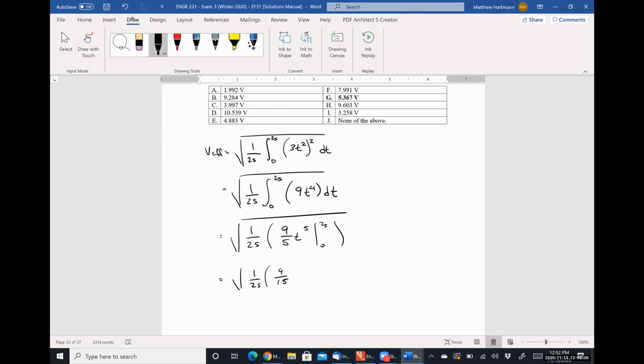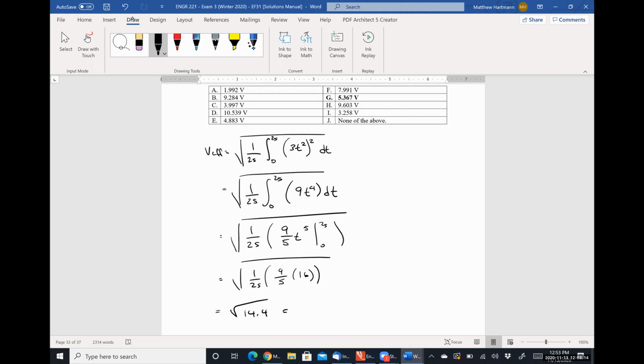Sorry, 9/5 times 16 is, 0.5 times 9/5 times 16, square root of 14.4. That's not going to be 5.